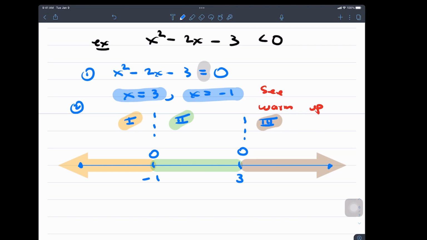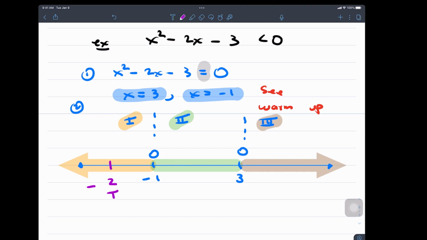So what happens now in step 3? What are you going to use? You guys know? What do you guys use here? What's step number 3? If you're going to do this process, you're going to have to know step 3. What does step 3 say? What do you need? What are the test points? Good. We need test points for every region. Give me a number to the left, or a number in region 1. To the left, a -1.